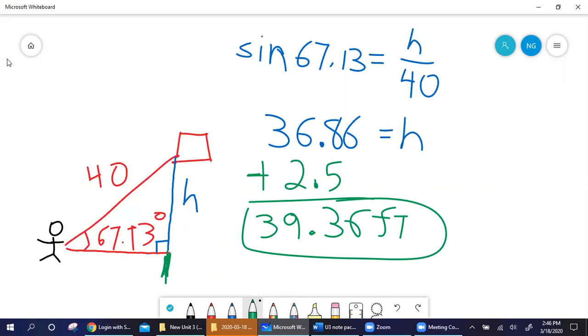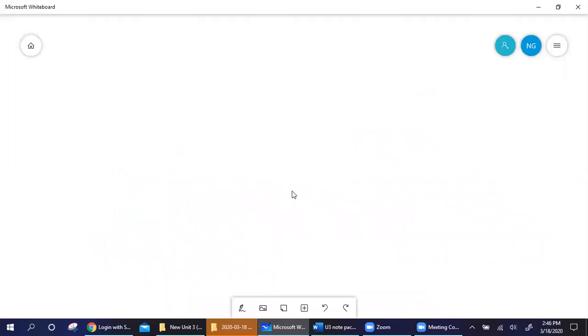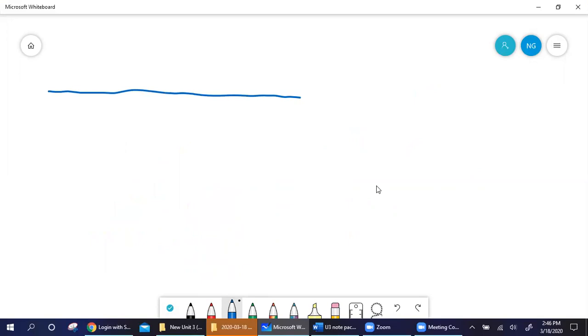For the next problem, we've got a mahi-mahi fish hooked on 70 feet of fishing line, 10 feet of which is above the surface of the water. Okay, so let's draw out what we got here. We've got water. We've got a fish. We've got a boat up here.